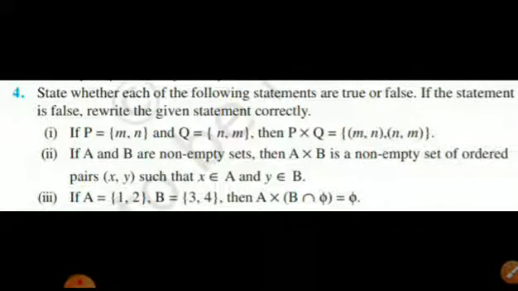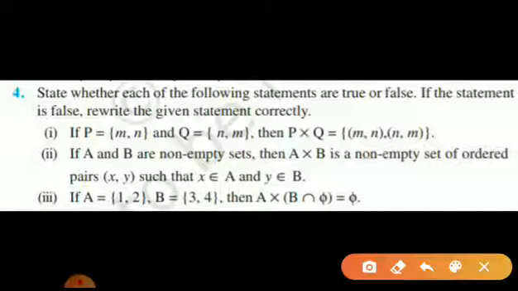Okay, now see the next one. If A and B are non-empty sets, then A cross B is a non-empty set of ordered pairs (x, y) such that x belongs to A and y belongs to B. Is it the same definition of cross product?